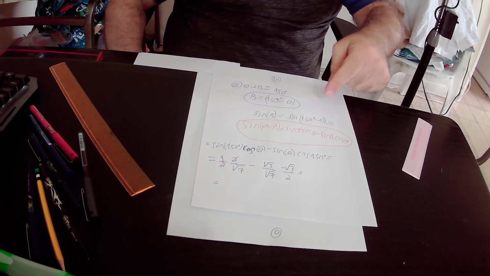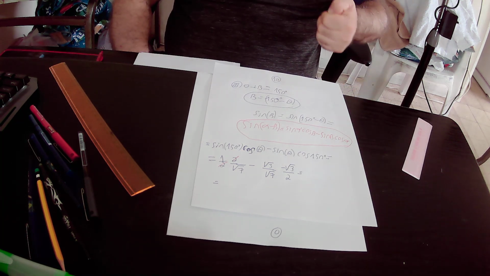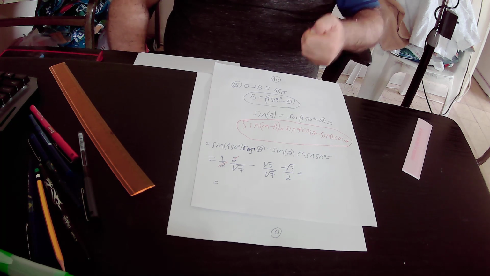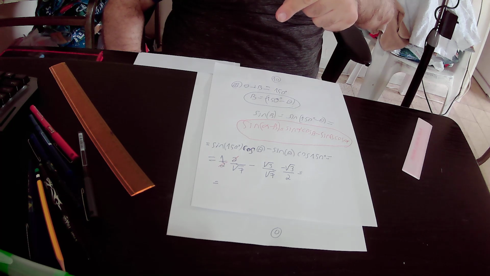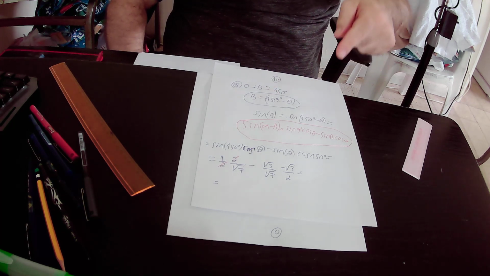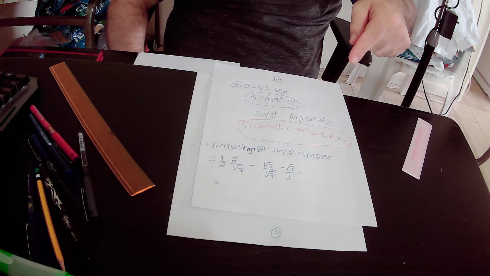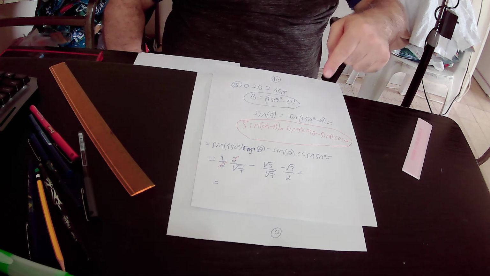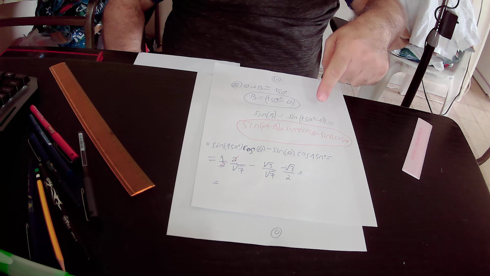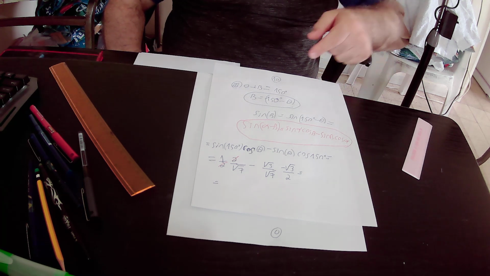We calculated this value by the second trigonometric identity, which states that sin of alpha minus beta equals sin alpha cos beta minus sin beta cos alpha.